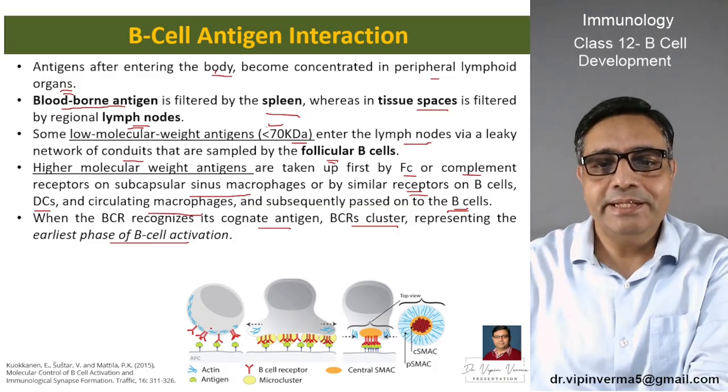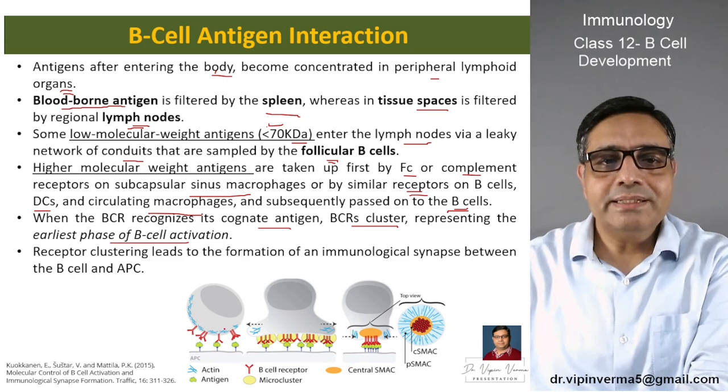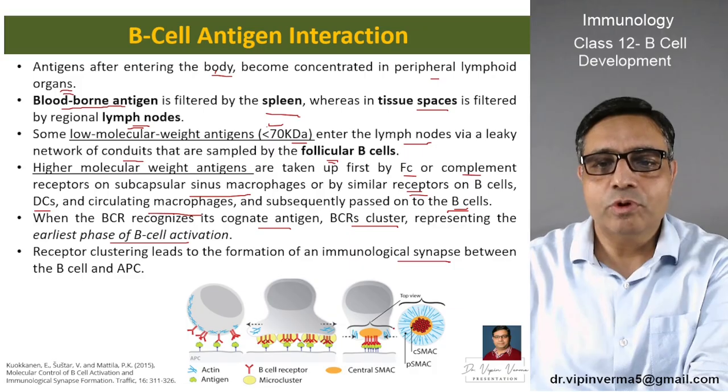So here you can see the B cell, and it has the BCR, and this is the antigen presenting cell. They are binding and then they are clustering. Okay, this is the earliest phase. Receptor clustering leads to the formation of an immunological synapse. This is the immunological synapse you can see here, where we have the peripheral and the central synapse.